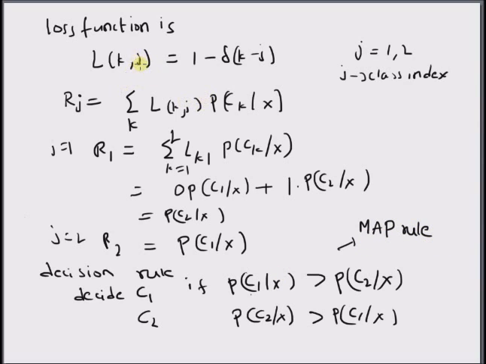Hence, when the loss function is defined as 1 minus delta of k minus j, where k and j are class indices, the decision rule based on minimizing the expected loss, defined as the sum of products of the loss function with the posterior probabilities, is the same as the decision rule based on maximum posterior probabilities. Thanks for watching.